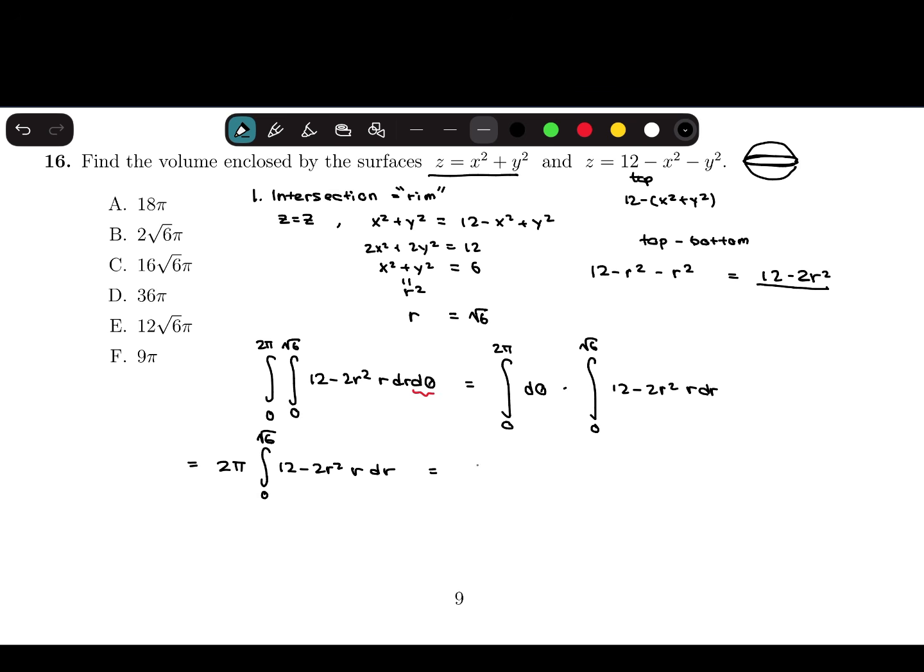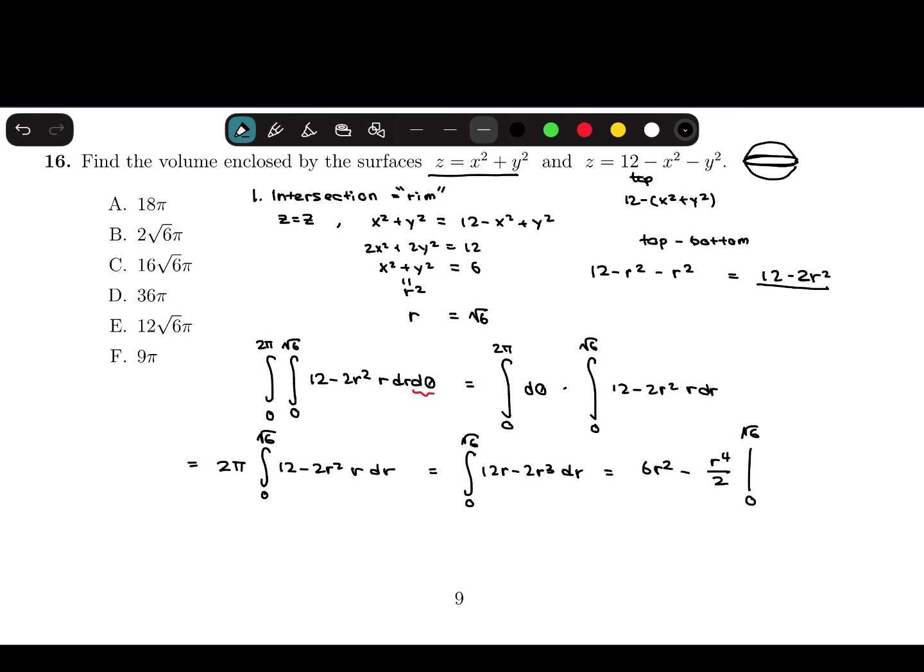So now let's integrate this. You get 12r minus 2r cubed from 0 to square root of 6, dr. Once we integrate that, you get 6r squared minus r to the 4th over 2, and we're evaluating that from 0 to square root of 6.